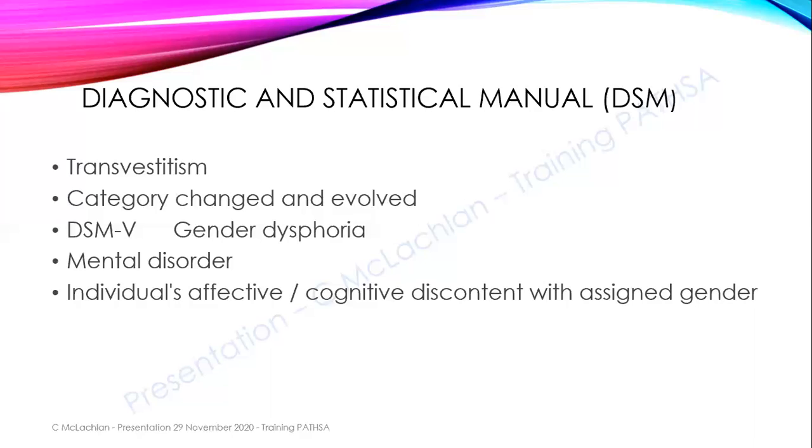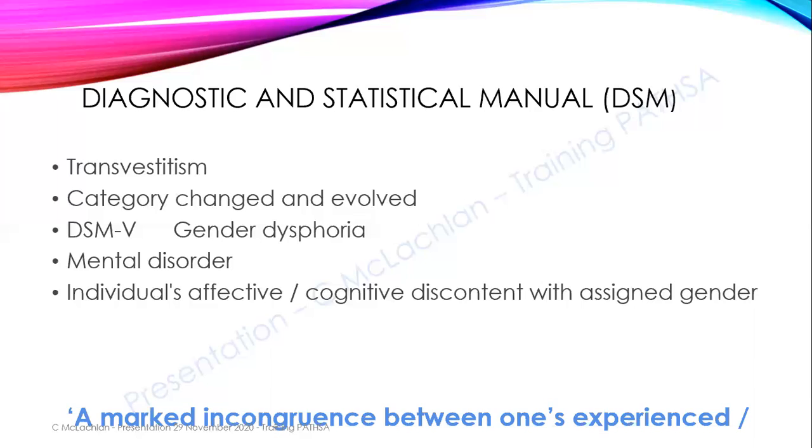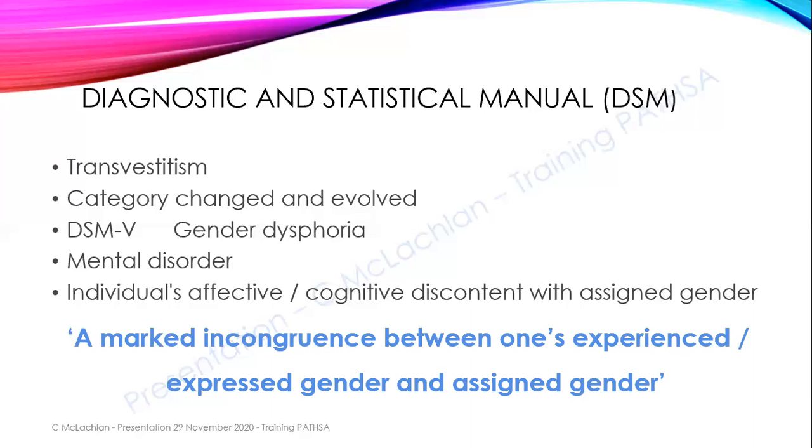It basically is about an individual's affective and cognitive discontent with their assigned gender or assigned sex at birth. And it says the following: it's a marked incongruence between one's experienced and expressed gender and assigned gender or assigned sex at birth. So that is the DSM.